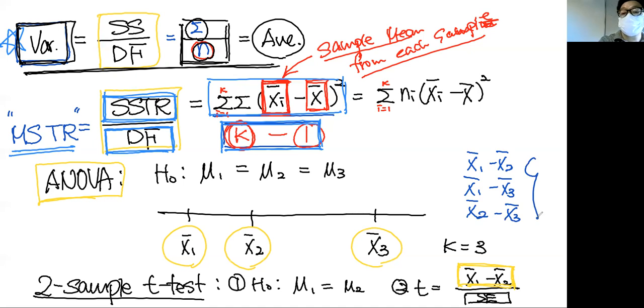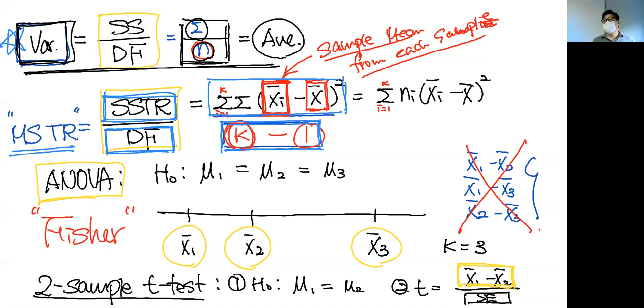So in this way, we cannot apply the procedures, right? But early 19, let me Google, the Fisher is one of the most famous statisticians in history. He suggested ANOVA for the first time.